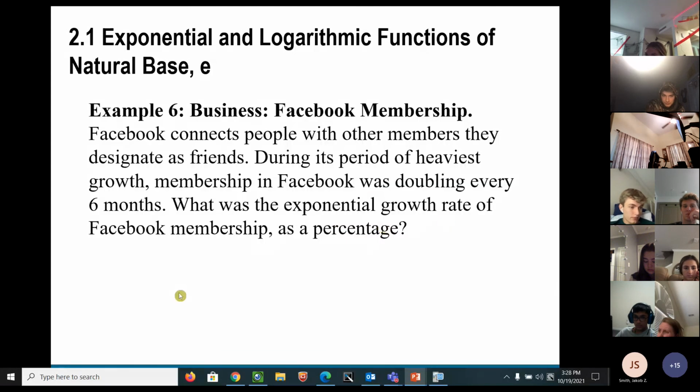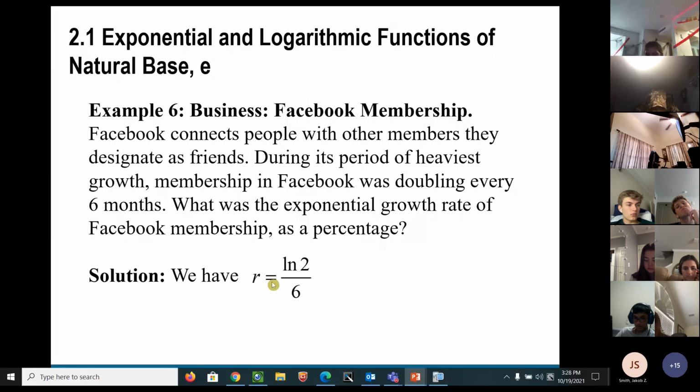Here's an example. Facebook connects people with other members they designate as friends. During its period of heaviest growth, membership in Facebook was doubling every 6 months. What is the exponential growth rate of Facebook membership as a percentage?